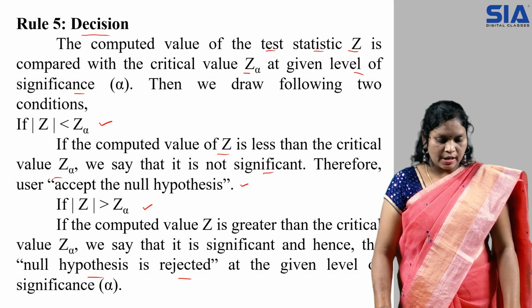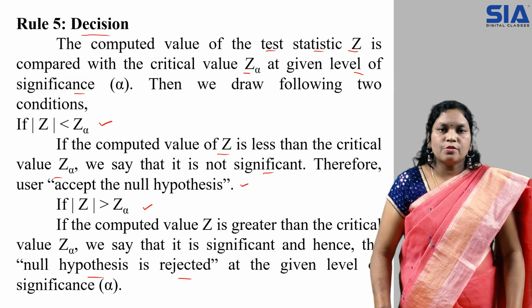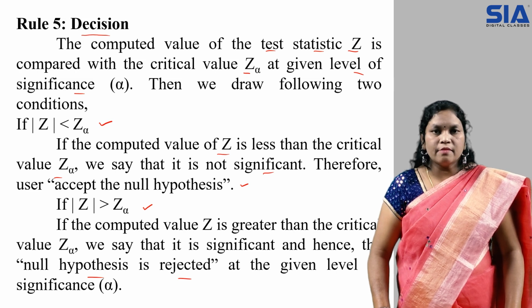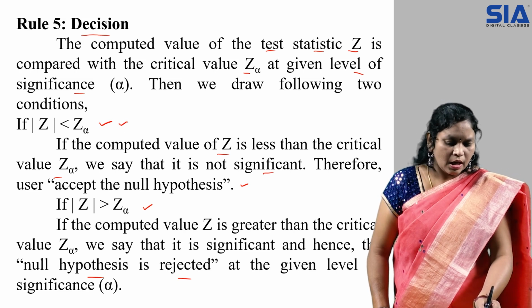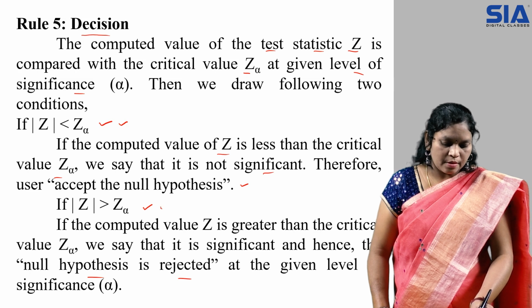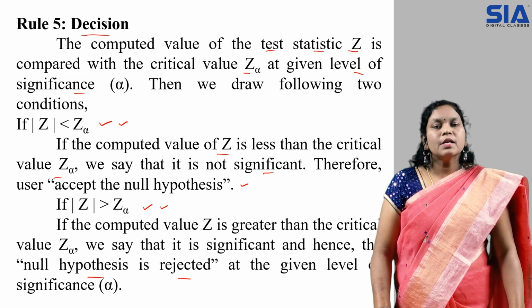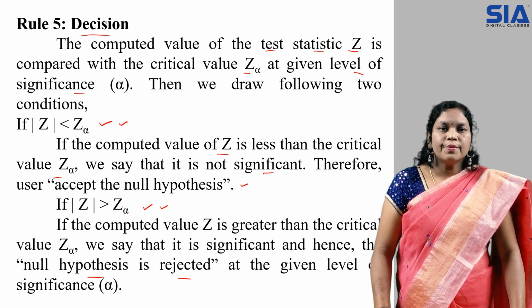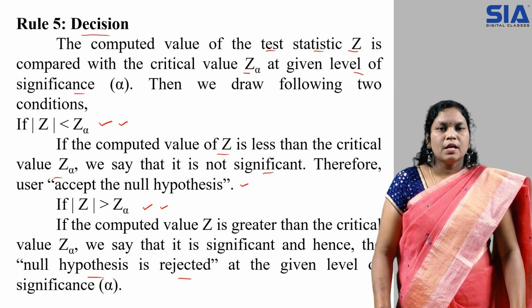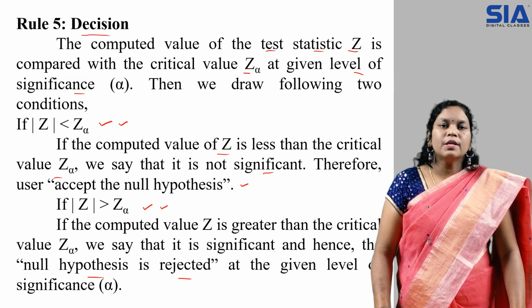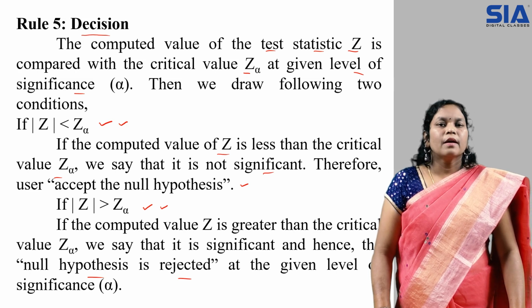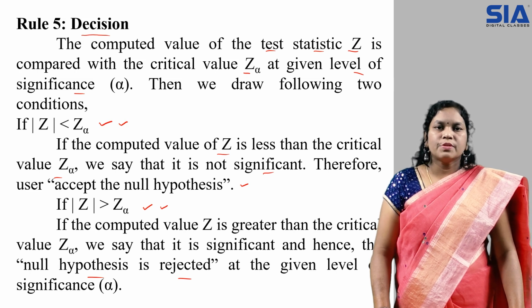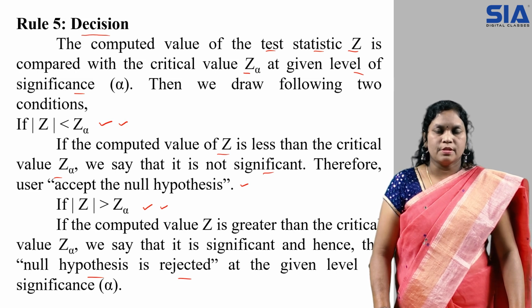Finally, based on the critical value, we go for the decision of whether to accept or reject the null hypothesis. So that is the procedure of testing of hypothesis. Whatever we do from here on, we'll proceed with this process, which we call testing of hypothesis.